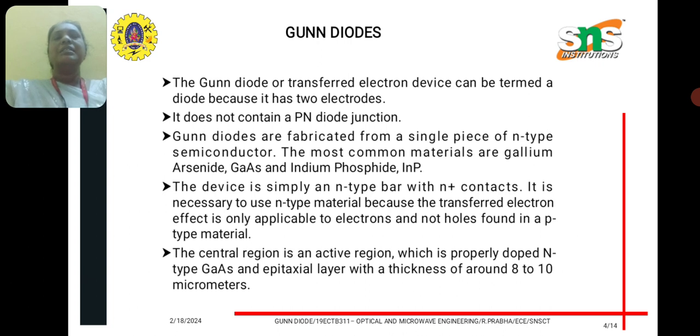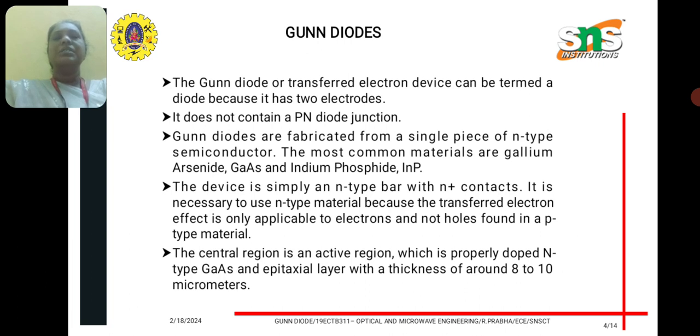The device is simply an N-type bar with N plus contacts, that is, more electron contacts. It is necessary to use N-type material because the transferred electron effect is only applicable to electrons and not holes found in the P-type material.